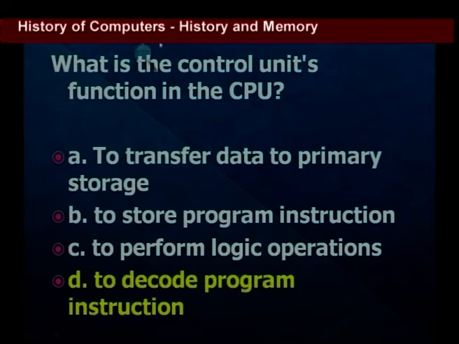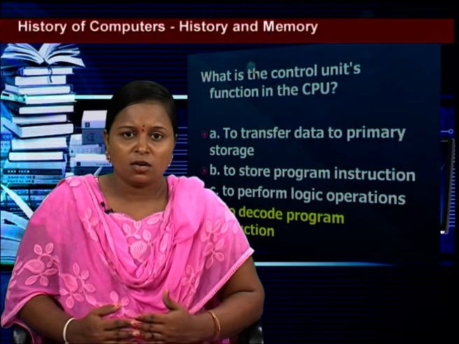The control unit's function in the CPU is to decode program instructions. What does decode mean? It means converting the program, which is done by converters. Compiler and interpreter are the converters.